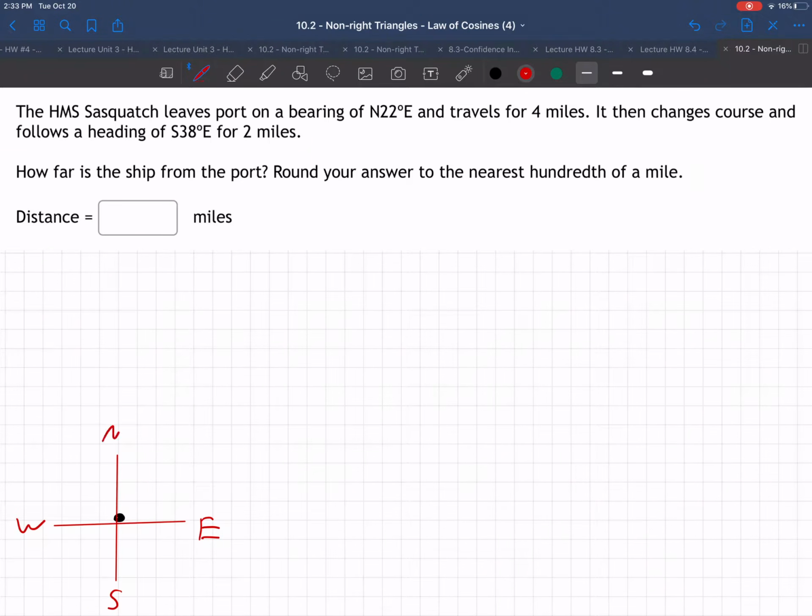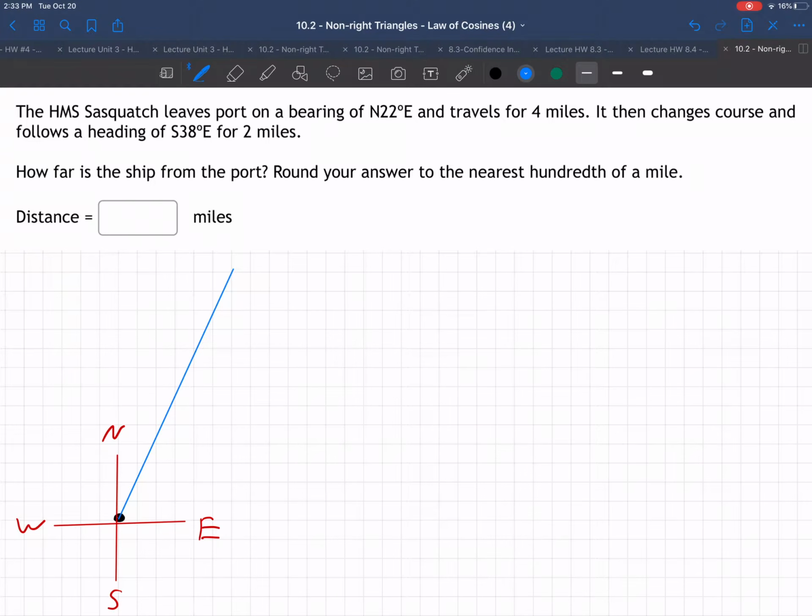That's an N there. And so this HMS Sasquatch, I guess that's a ship, is heading, what direction? North 22 east. So that's like that.